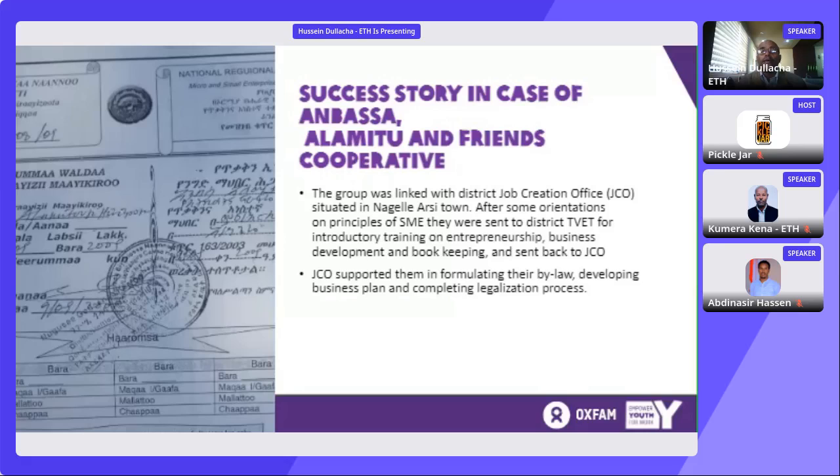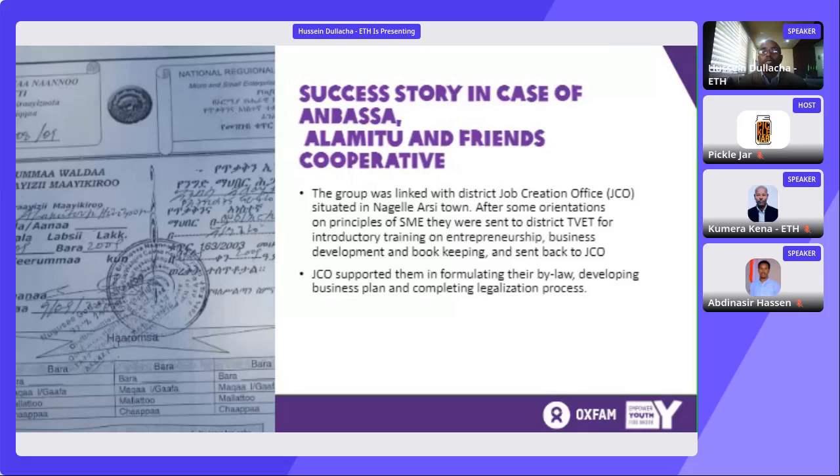And then the group was linked with various government and microfinance institutions like the Job Creation Office, Women, Children, and Youth Affairs, and TVETs, Technical Vocational Educational Training Centers, and the like.